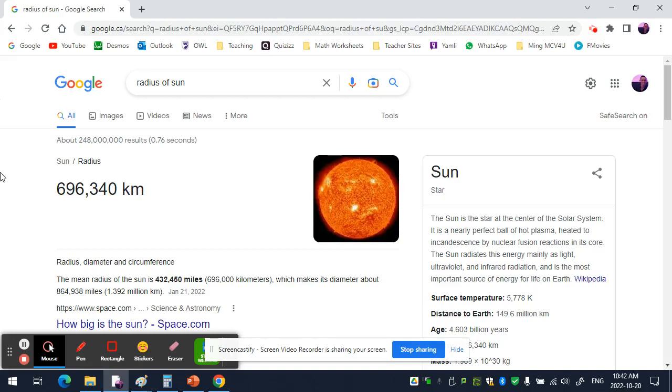We're going to shave off 340 kilometers out of almost 700,000 kilometers, which is not even 1%. That's your homework. We're just going to take out the 340. That's it. Done.